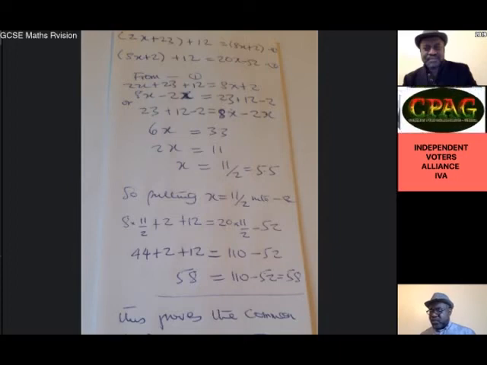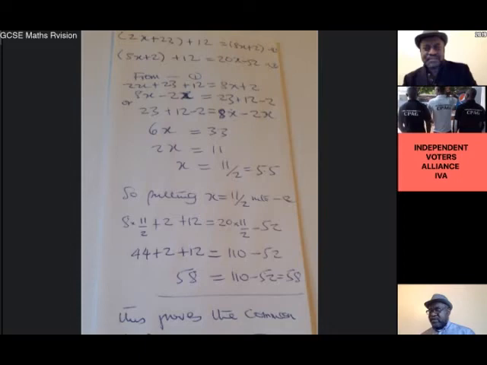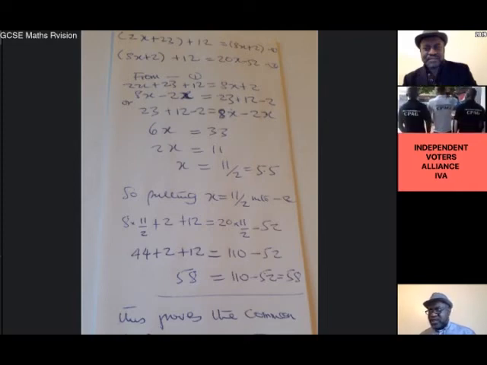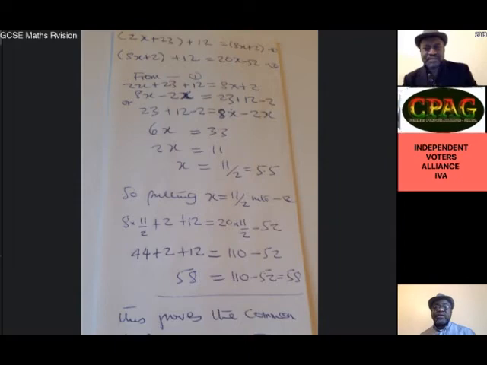And it's the same way if you want to put the variables, like the x terms, on the right side of the equation, then you put the numbers on the other side of the equation, you're going to get the same thing. It's 23 plus 12 minus 2 is equal to 8x minus 2x.